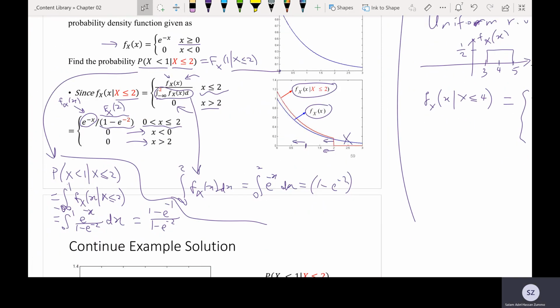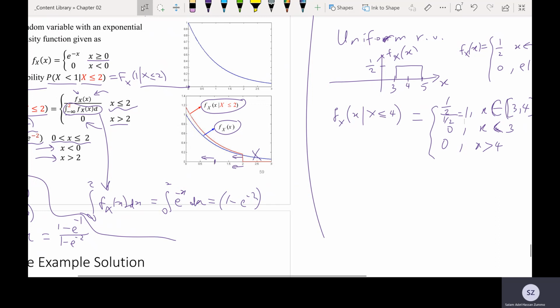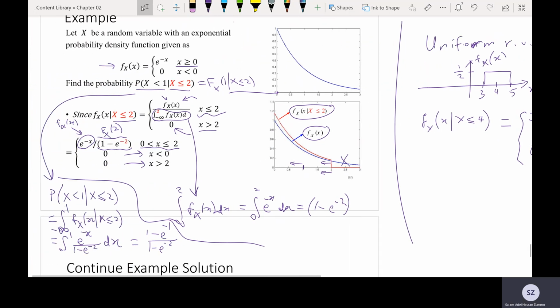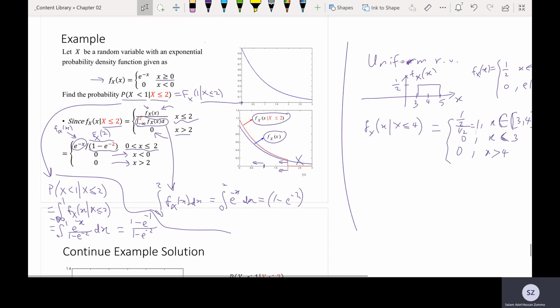You always need to divide by the probability that x is less than 4. Alternatively, the new sample space has the area under the curve equal to 1, so you change the amplitude. Exactly. There is always more than one way of thinking about these problems. It's up to you, but at the end you need to be able to figure it out.